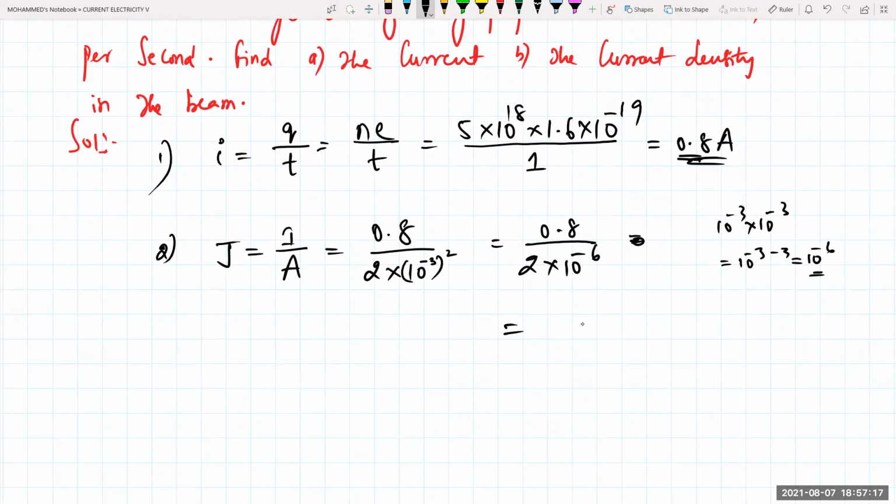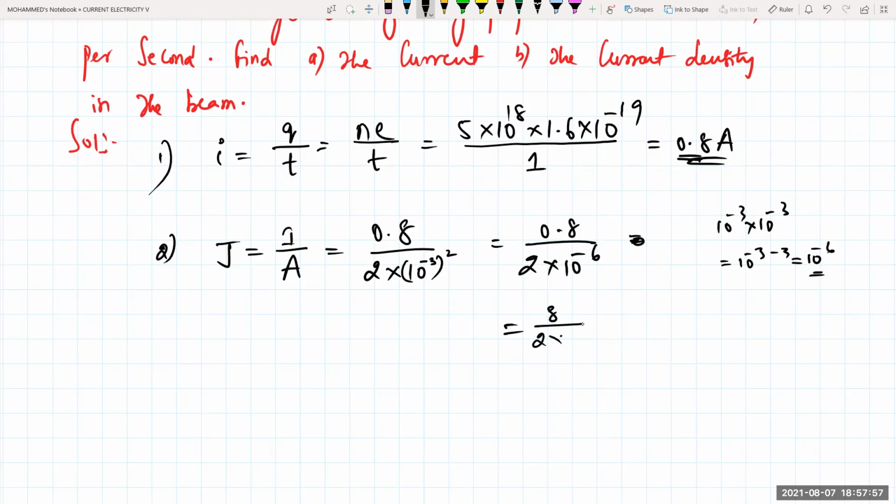So 4 into 10 to the power of 7? ఎంత? 7 వస్తుందా? అంటే if you take it as divided by 2. 0.8 అంటే ఎలా రాయొచ్చు నాన్న? 8 by 10 కదా.